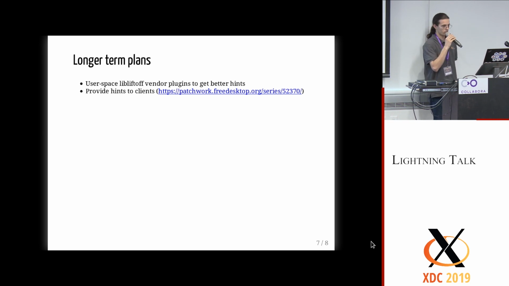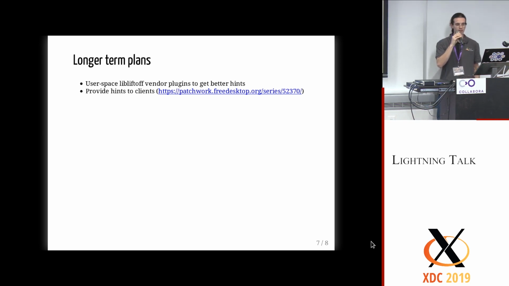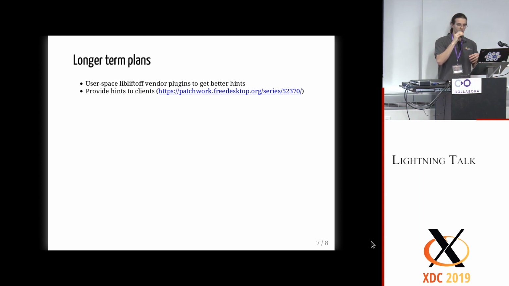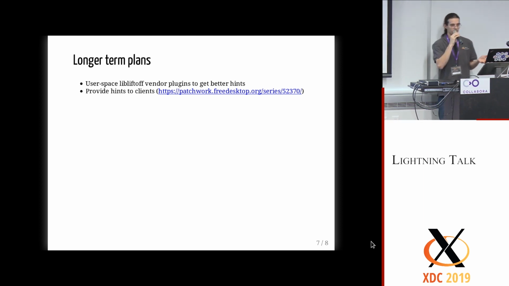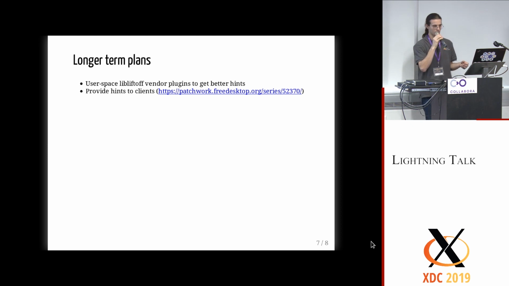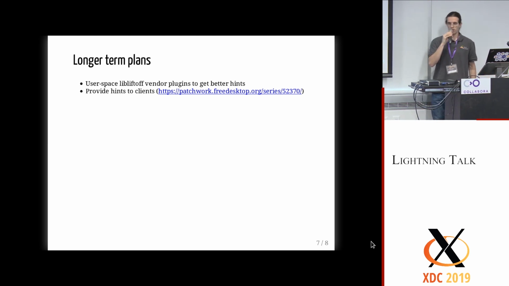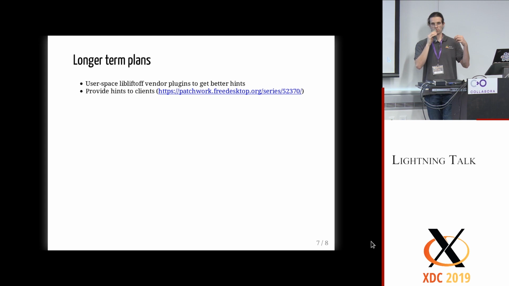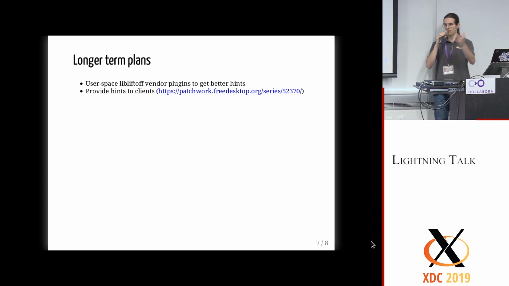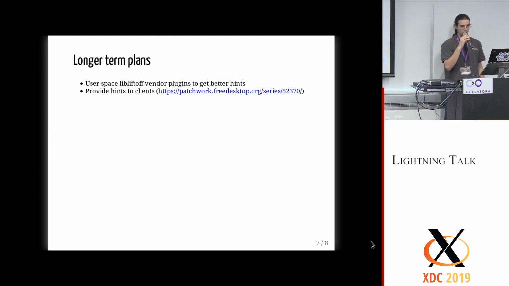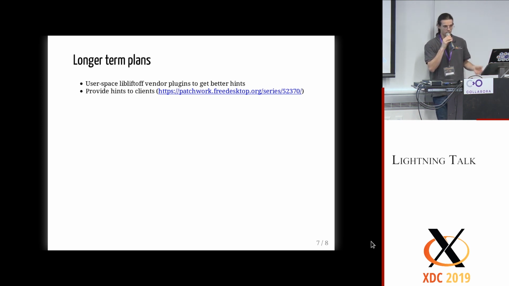And there are also a couple of longer-term plans. So basically the problem is that libliftoff only uses the current KMS API with atomic checks. That's cool because it works on all drivers, but to be able to better manage planes and see more optimization opportunities, maybe we'll need to have some vendor plugins. So basically one library per driver.